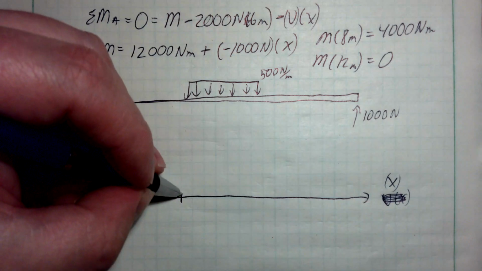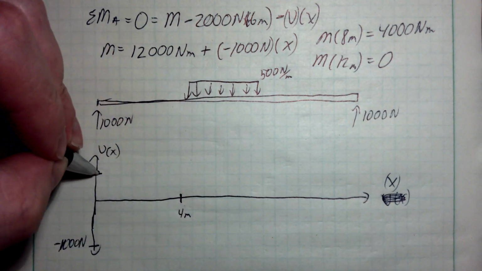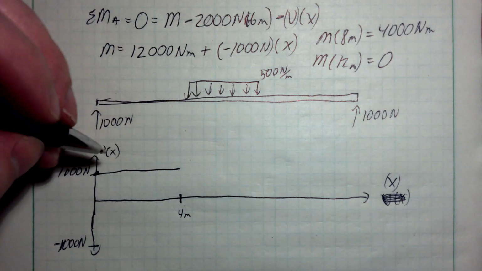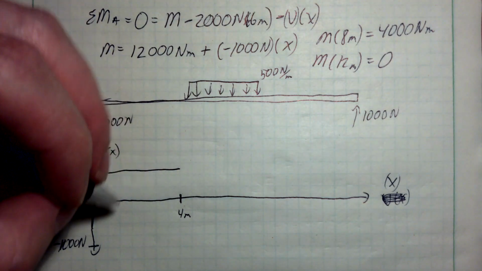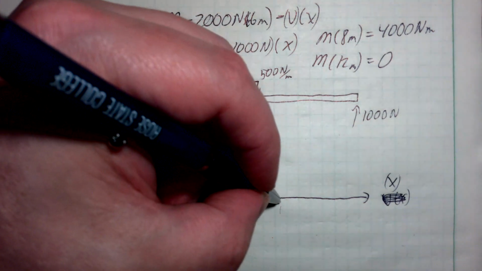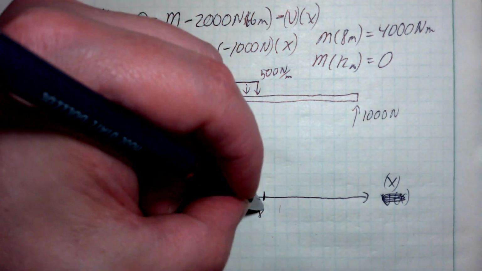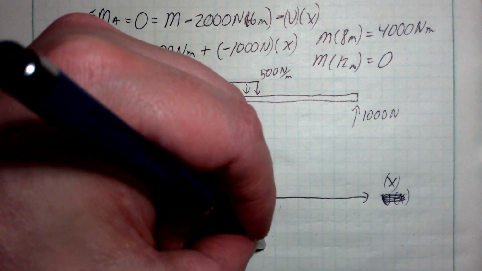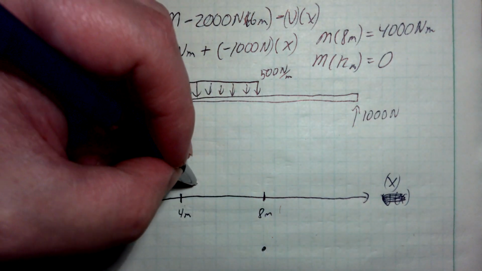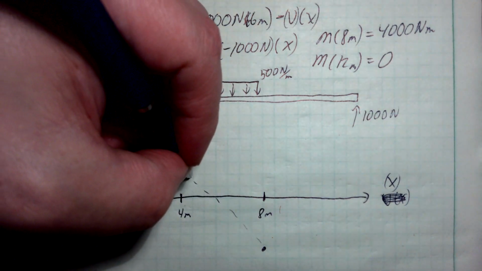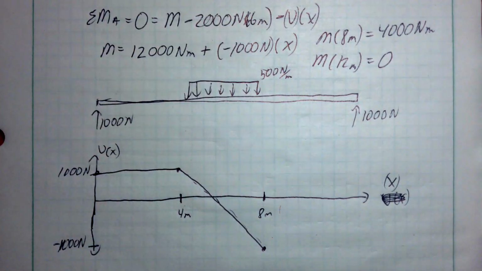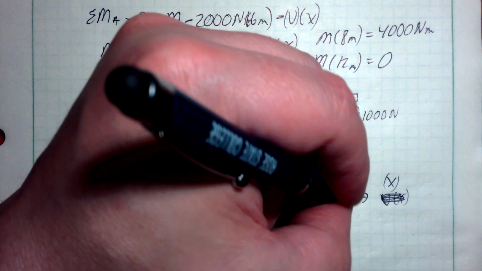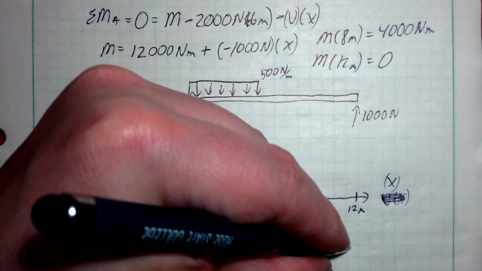It does that for the first 4 meters, stays constant. And then it turns into a linear expression that goes from 4 meters out to 8 meters. It starts at 1,000 newtons, and at 8 meters it goes down to a negative 1,000 newtons. And then from 8 meters on out to 12 meters, it stays constant.